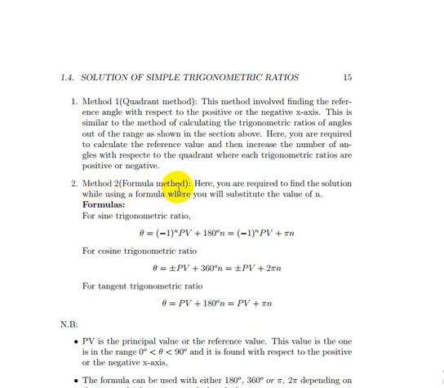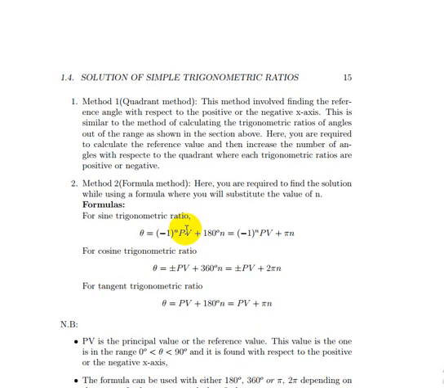The next method, a simpler method, though I see it as cumbersome, is the formula method. Now, the formula method is that you just apply formulas. For the sine trigonometric ratio, the angle theta is going to be equal to (-1) to the power n times PV. What is the PV? The PV is a reference value.